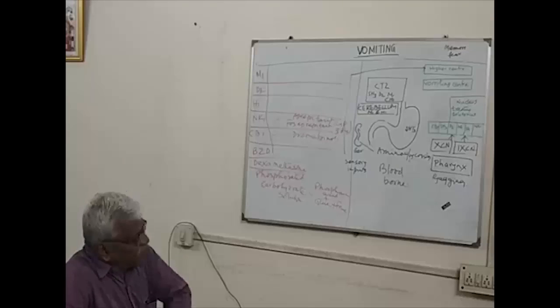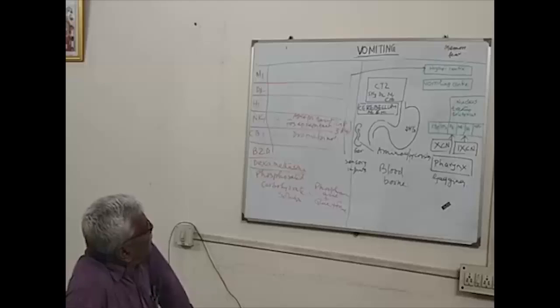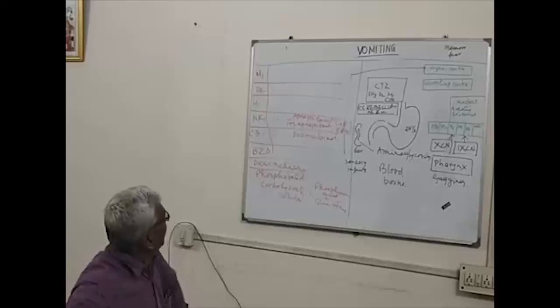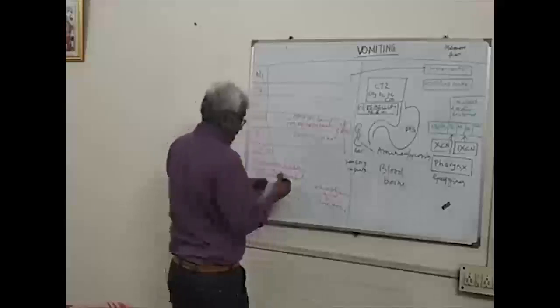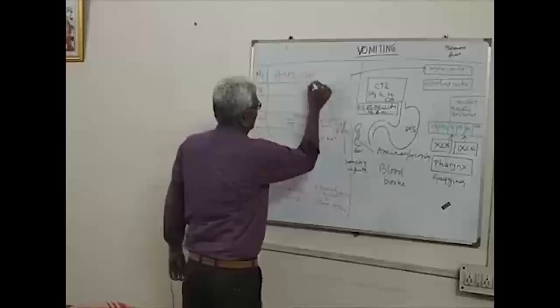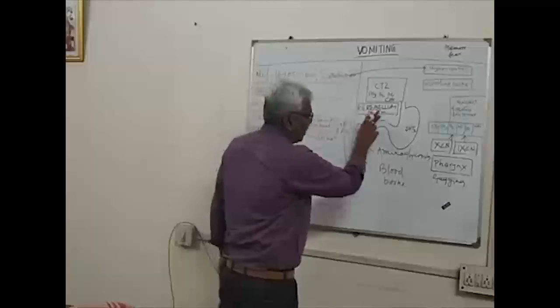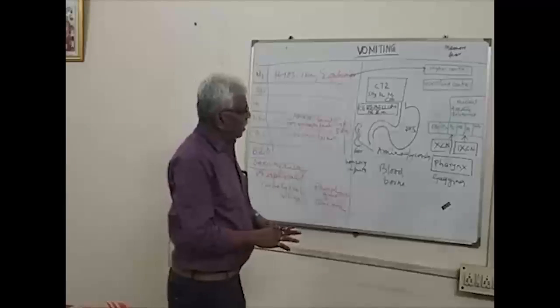Now, keeping this in view, the drugs for vomiting can be classified. It may be a muscarinic 1 receptor blocker, that is an anticholinergic, and the drugs are hyoscyamine or scopolamine. These drugs are effective on the M1 receptor, that is in motion sickness. This drug will be effective.